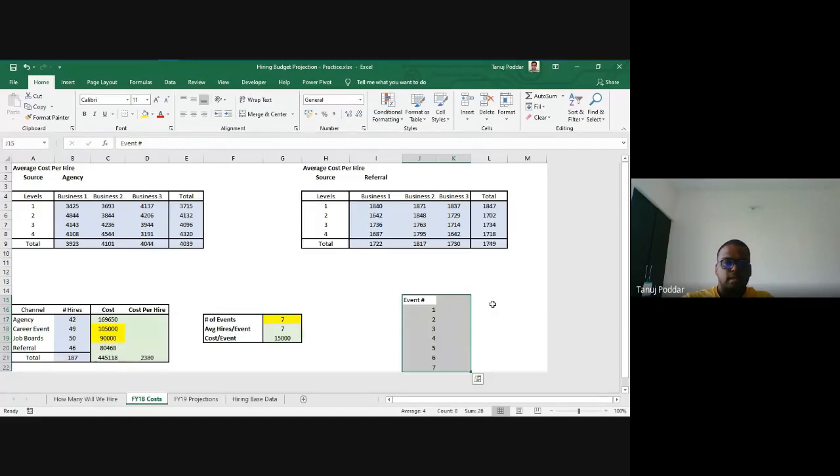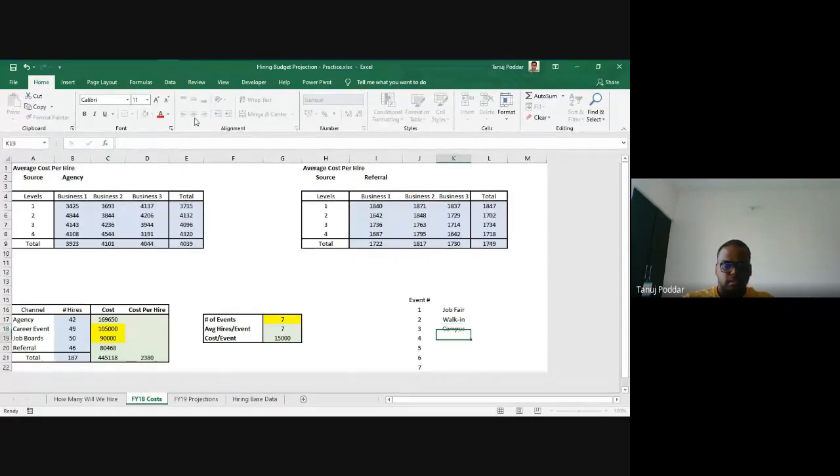And I incurred some kind of cost for each of those. This could be a job fair, this could be a walk-in which I did externally, and I incurred some kind of cost. This could be a campus that I visited. This could be another job fair, campus, walk-in, whatever, right?